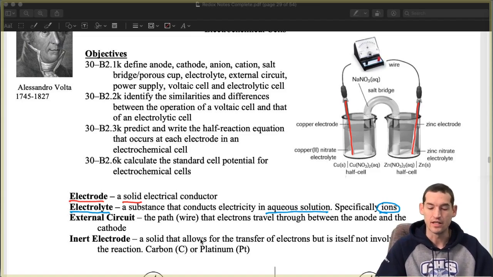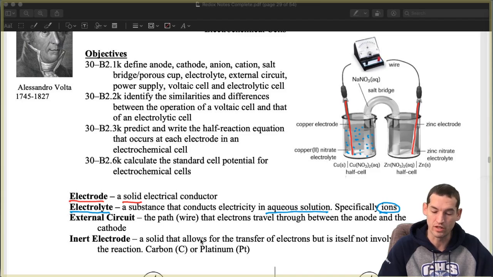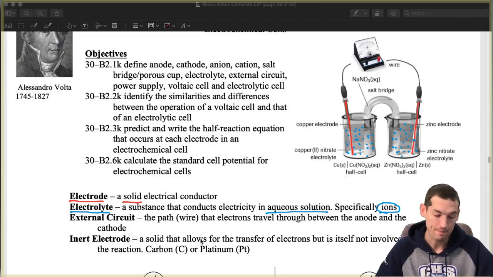In our case, that electrolyte is going to be in here. Now, you don't have to draw these if you don't want to. This is just to help you understand what's going on. These solutions have the electrolyte in them. Now, there's also some electrolyte in this salt bridge as well, so I should draw some of that in there for you.